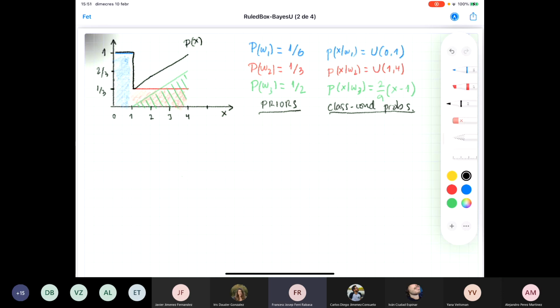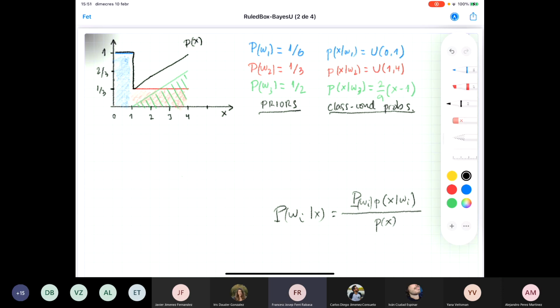What else? Now we are supposed to draw the posterior probabilities. Posterior probabilities are equal to the class conditional probability, this is capital P, of the same class weighted by the prior and divided by the unconditional.